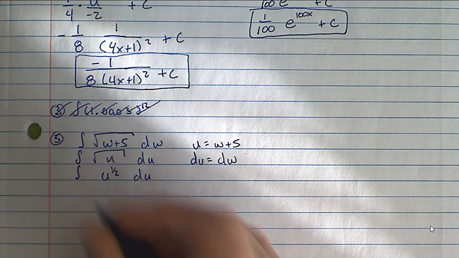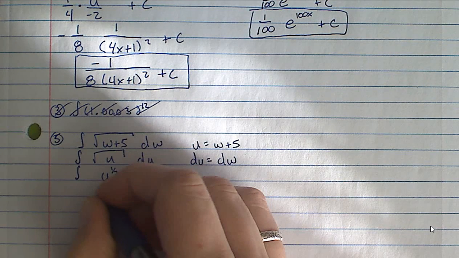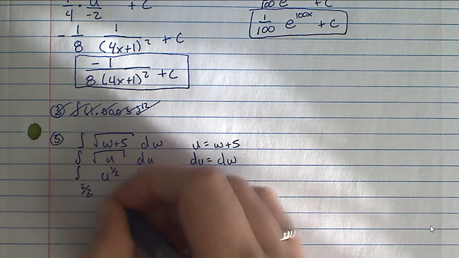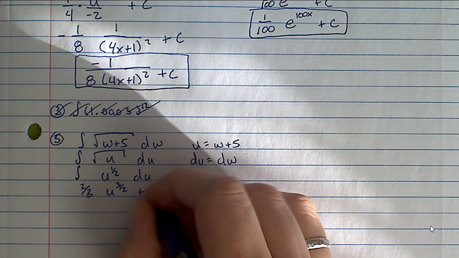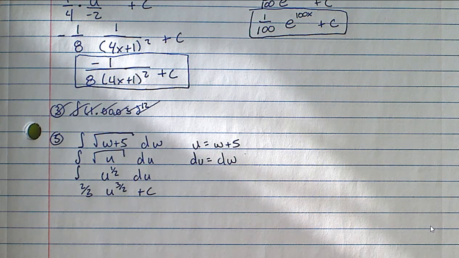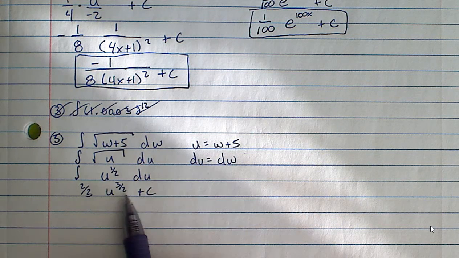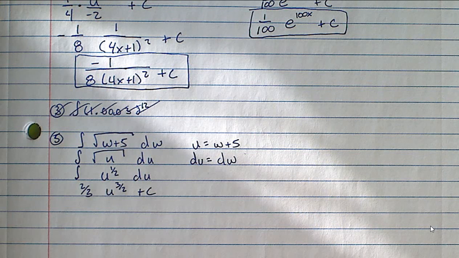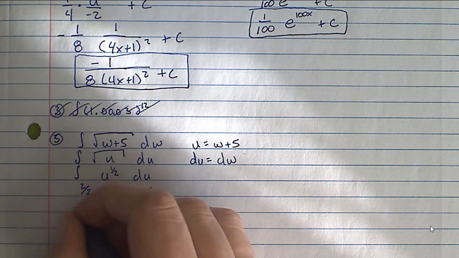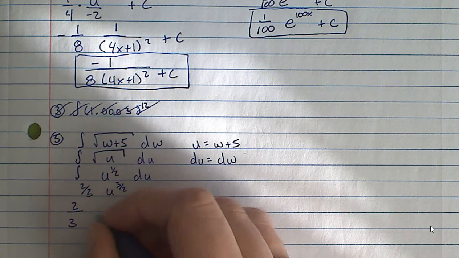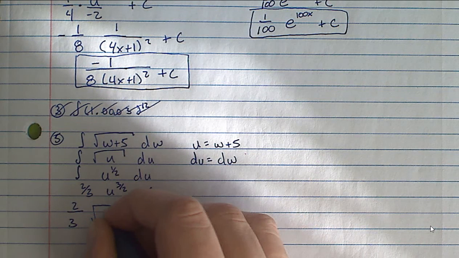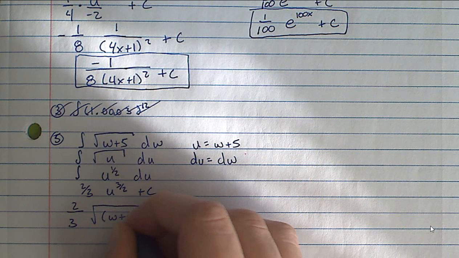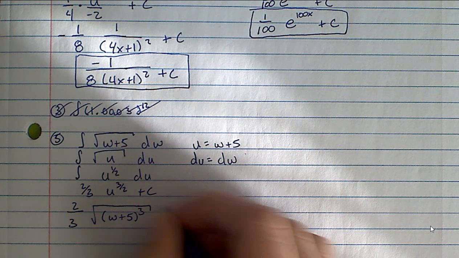And then antiderivative means this is going to go 2/3. I heard that. What, Mr. Tuck? Don't worry about it. And then you would resubstitute w plus 5 in for u. So 2/3 times w plus 5 to the 3/2 power plus c.